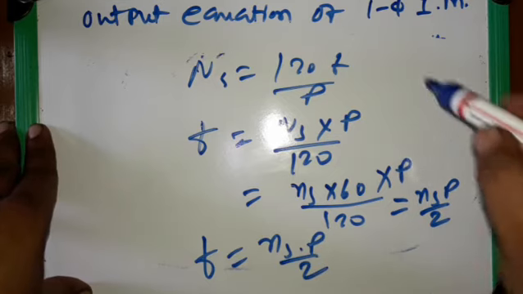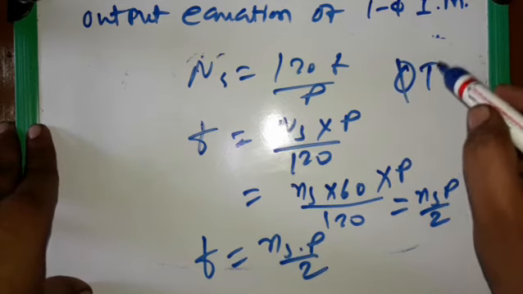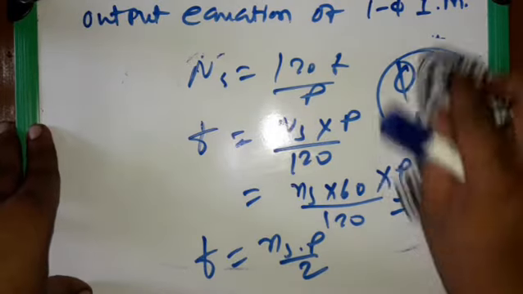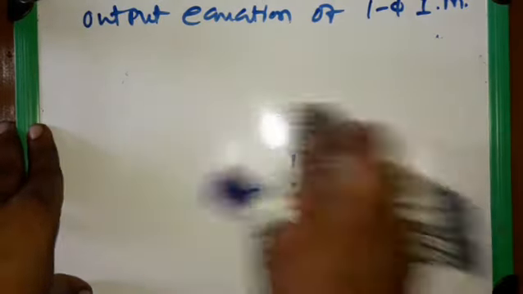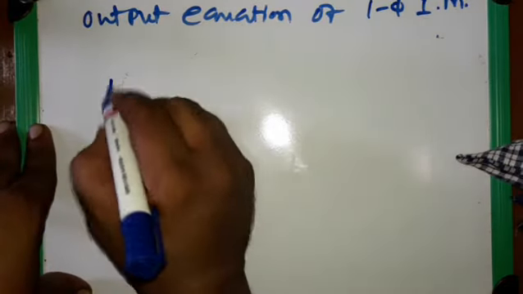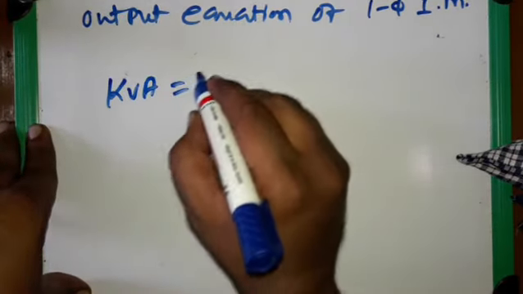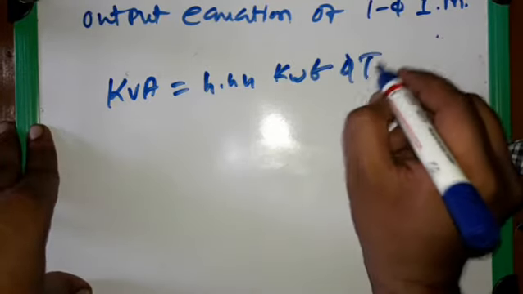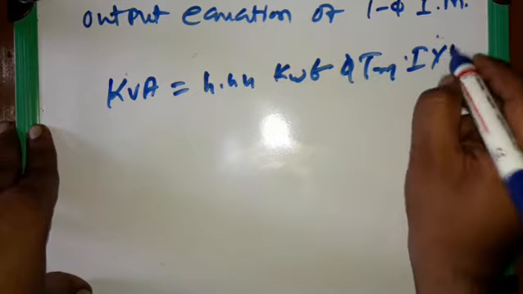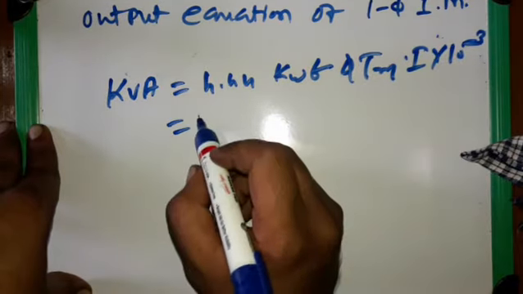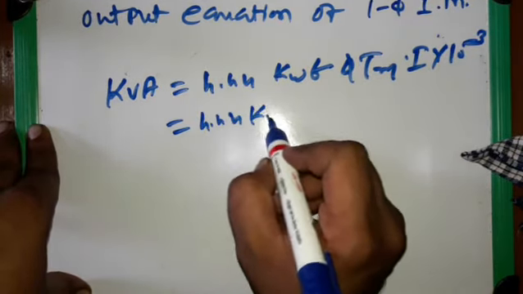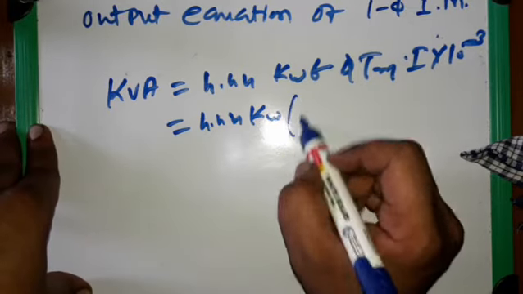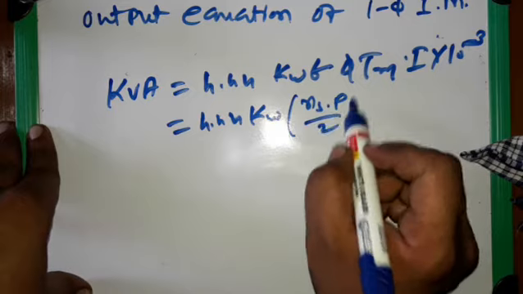Now we put the value of flux, Tm and frequency in our output equation, which we derived here. The output equation becomes kVA equal to 4.44 Kw f phi Tm into I into 10 raised to minus 3. So we find all the values. First, frequency f is equal to Ns into P upon 2.